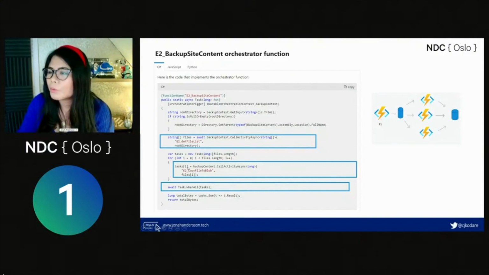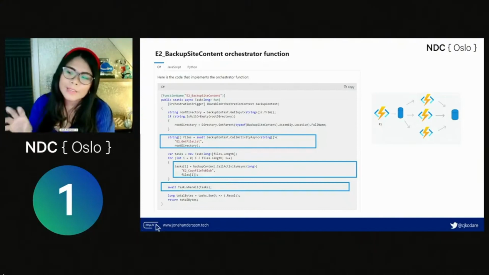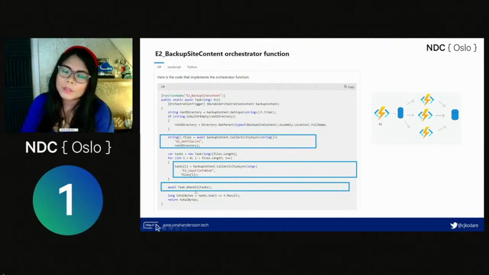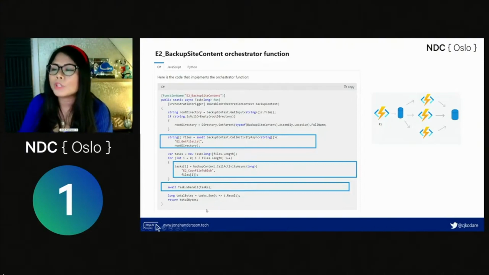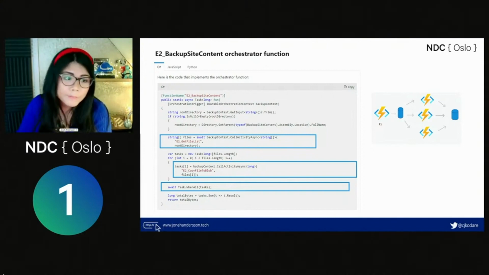Then you go through the loop of the list of files and copy each to blob storage in a loop. And then you combine it with the fan in. This is where the fan in comes when you use the task when all method, and then you return the result of that. So that is a simple example.